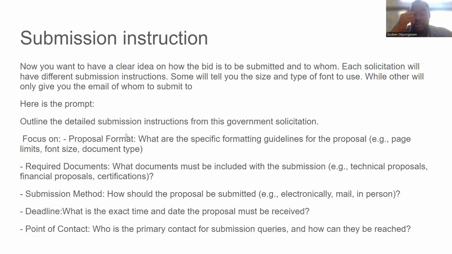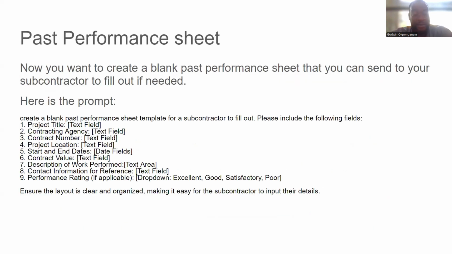Submission instructions, another very important one. Now, you want to have a clear idea on how the bid is to be submitted and to whom. I've seen solicitations where they needed the proposal to be faxed to them. I know it sounds crazy, faxing in 2024, but there's still some solicitations that have that.